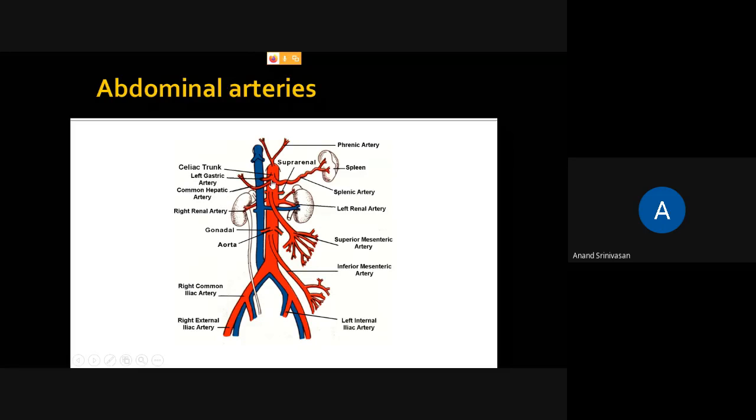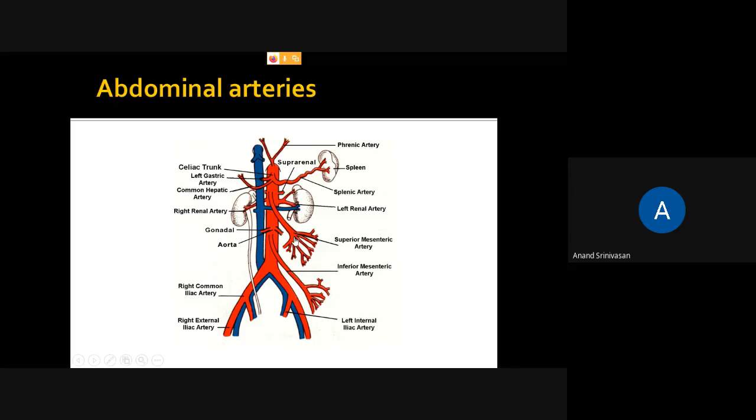The next branch, as you come down in this picture, is another branch arising from the anterior part of the aorta, called the superior mesenteric artery. Then you come down, and there is another artery arising from the anterior part of the aorta, the inferior mesenteric artery.